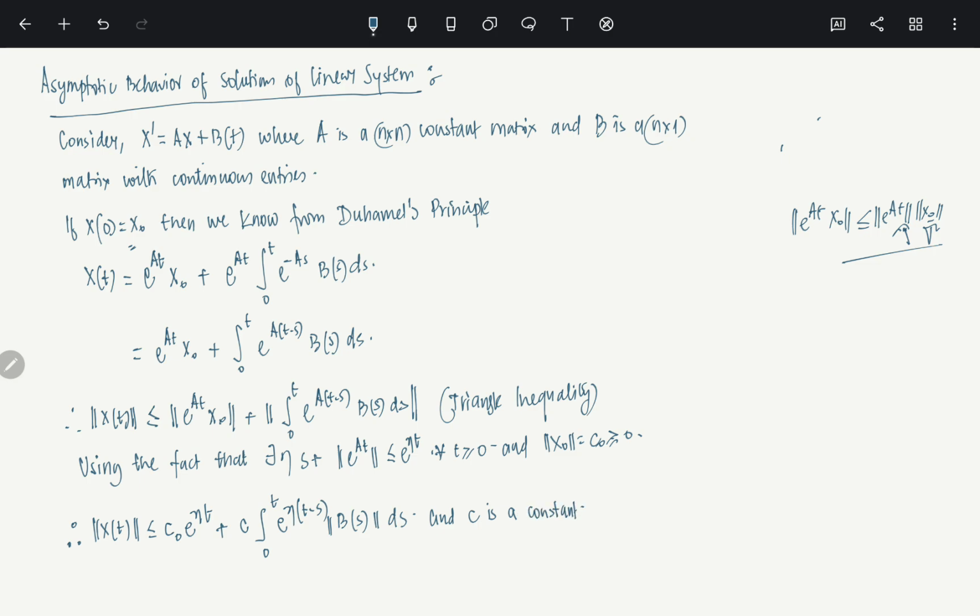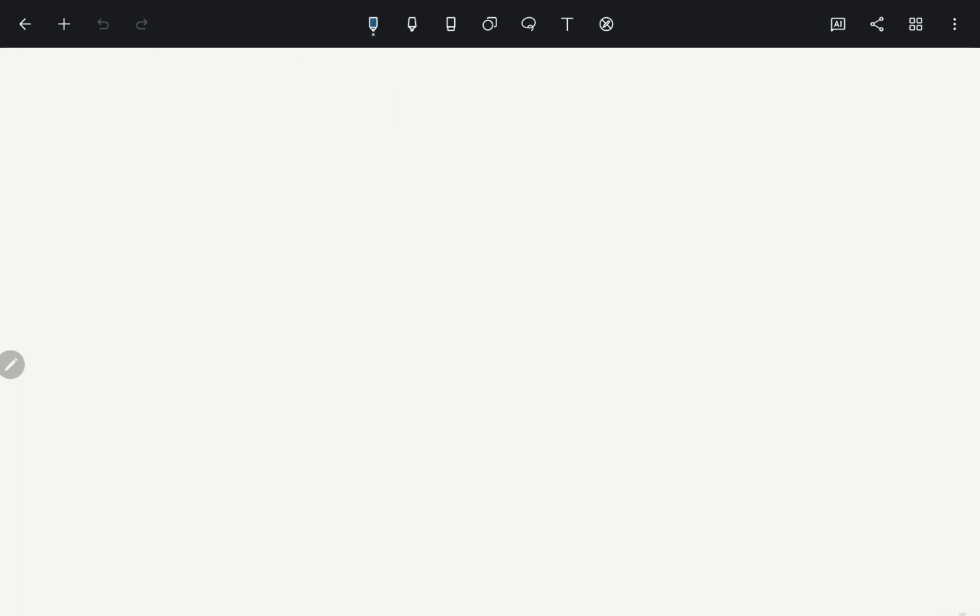Now what do we have? This is fine. Let's call this 2. So we are going to deduce a theorem using 2. What is that theorem? Basically the theorem says that, suppose the inhomogeneous part b of t is such that you have a bound on the norm of b.